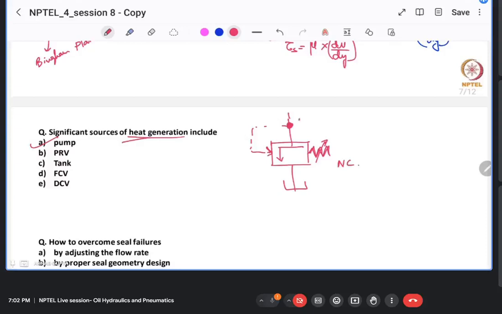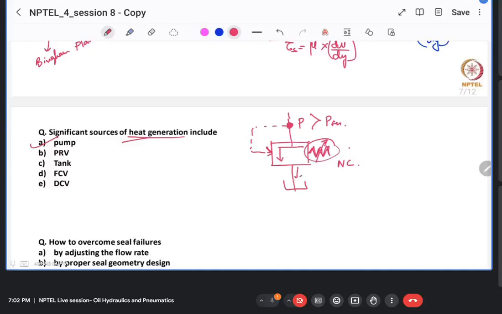If this pressure exceeds the threshold value, which is set by the variable stiffness spring, then this valve opens and it releases the energy.